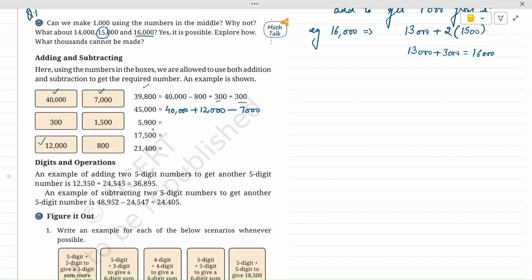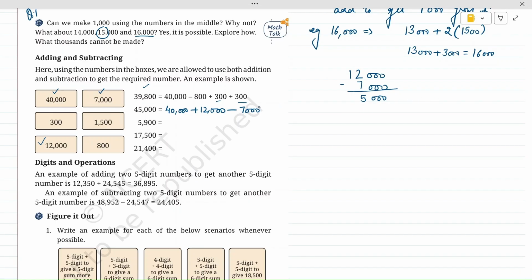So to make 5900, I'm taking 12,000 first. Okay. From this 12,000, I'm subtracting 7,000. So when I do this, I will get 5,000. So my 5,000 part is done. Now I need 900 more. So that we can easily do. How?